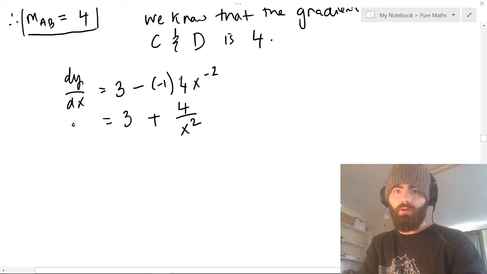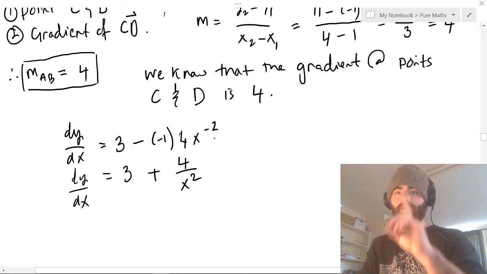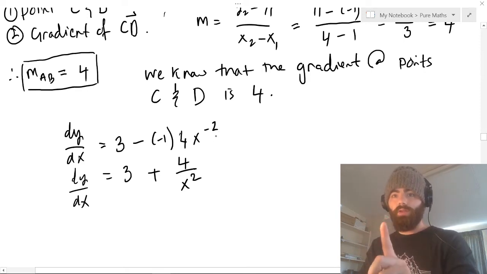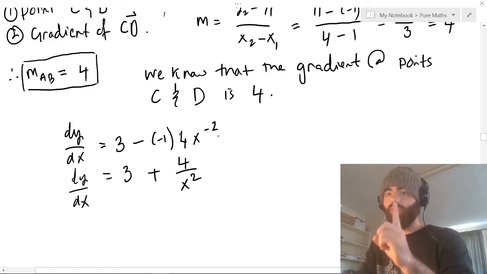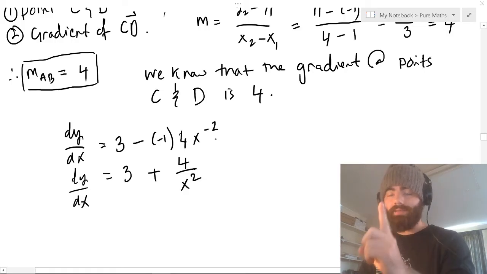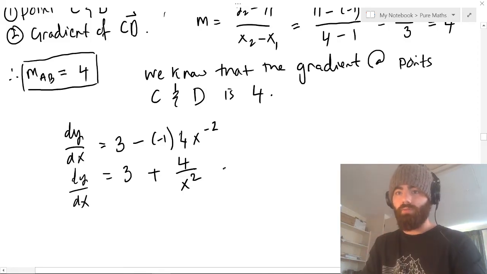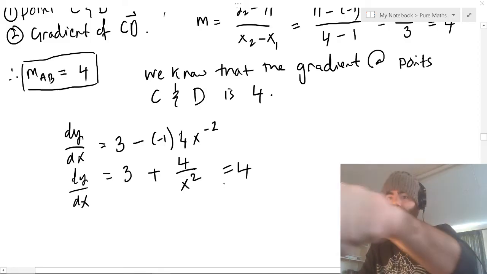So that's the dy by dx. So we know that those points have a gradient of 4. So we want to know where along the curve the gradient of the curve is equal to 4. Well, that's just whenever this equation here equals 4.